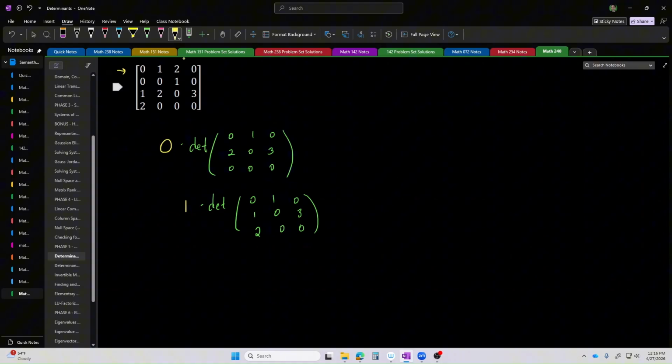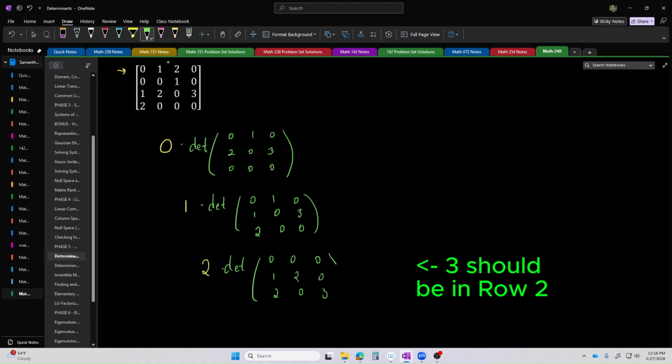I'm going to do the same thing with the entry number 2, the next entry in the top row. Extract a value of 2, and then cross out its row and column, and then extract the submatrix that's left behind. So we have the determinant of 0, 1, 2, 0, 2, 0, and 0, 0, 3.